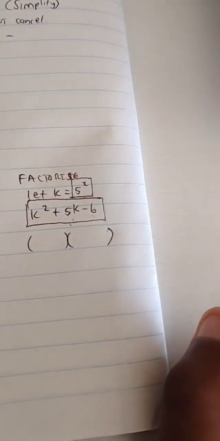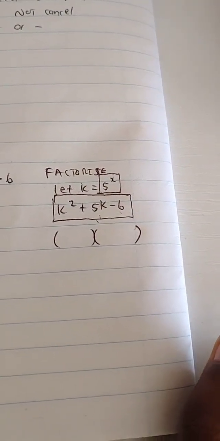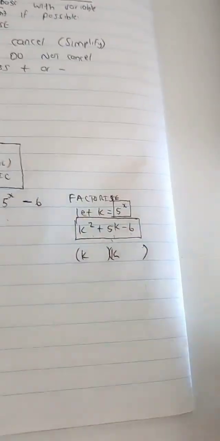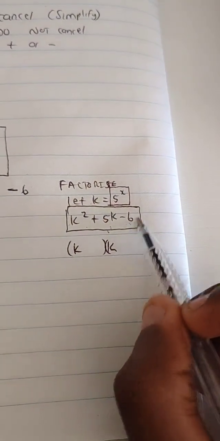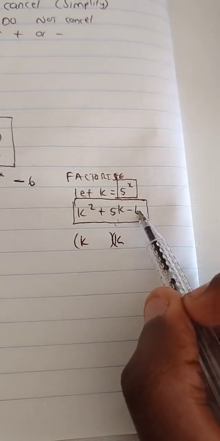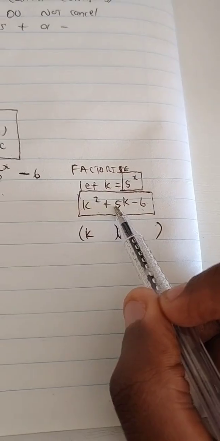Can we factorize this? Yes. Remember how to factorize a trinomial? We open 2 brackets. Then k squared. We can write k and k here. And then what are the factors of 6 which when we multiply give us -6, but when we add them give us +5?